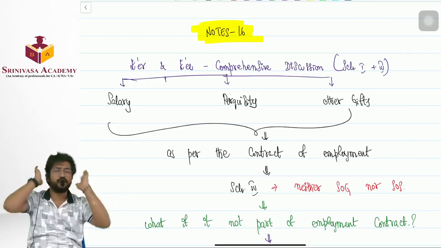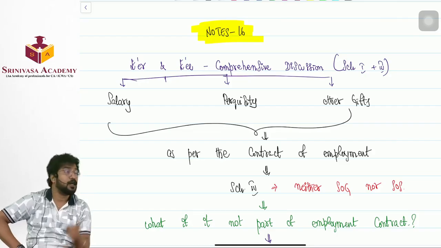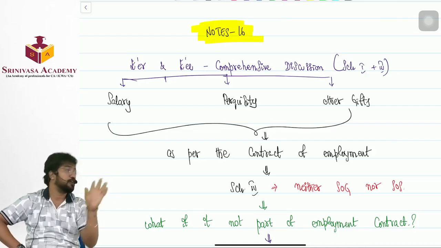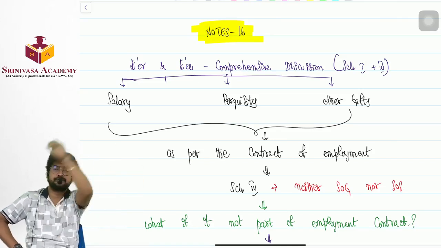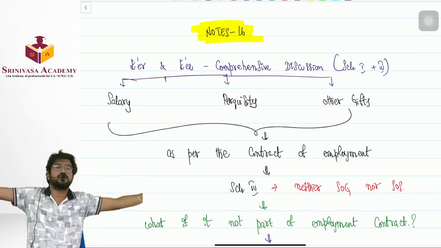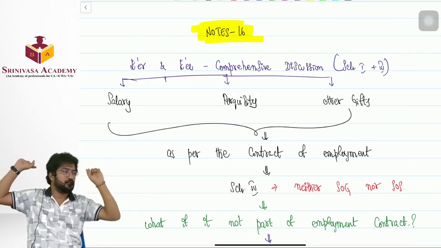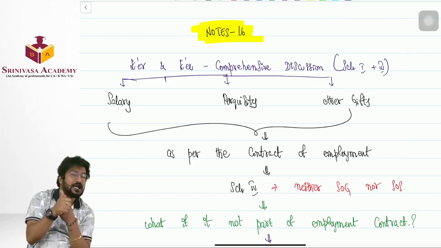For that, you have a relaxation. What is the relaxation? 50,000 per employee per annum. Aggregate value of gifts means in that entire year, if you add all the gifts I gave him, the value should not go more than 50,000. The important words are aggregate value of gifts, per employee per annum.